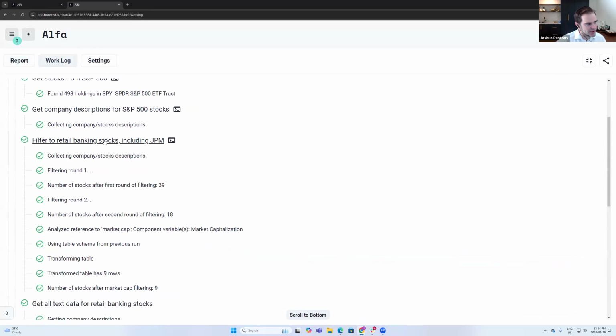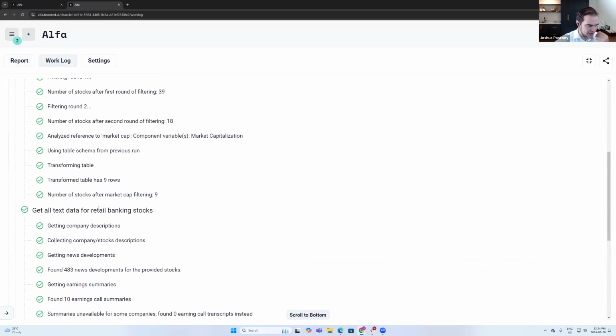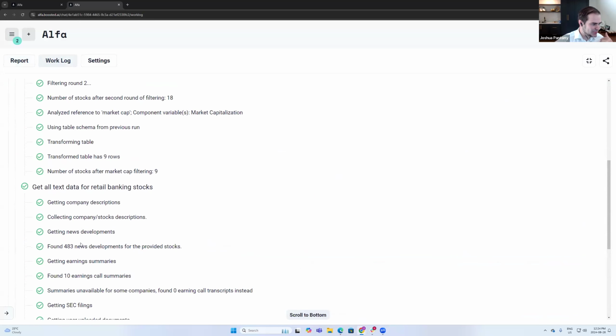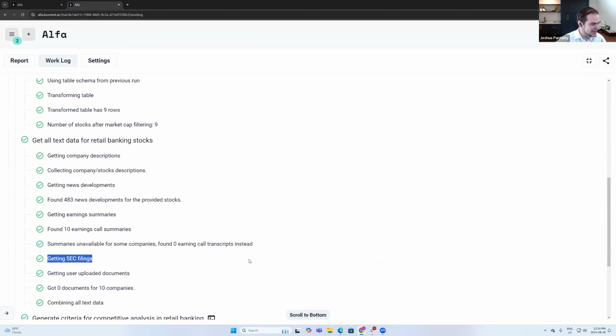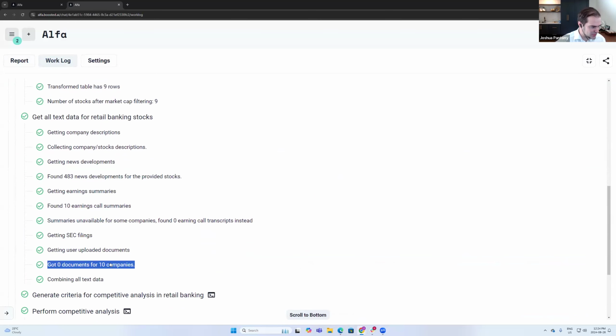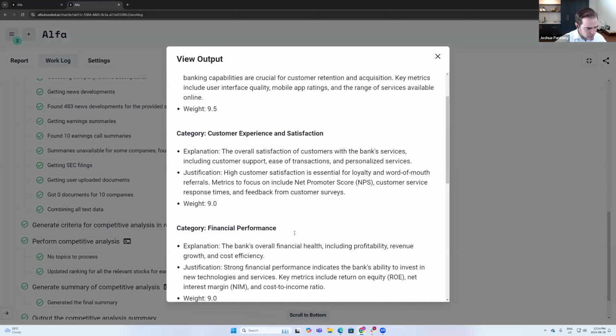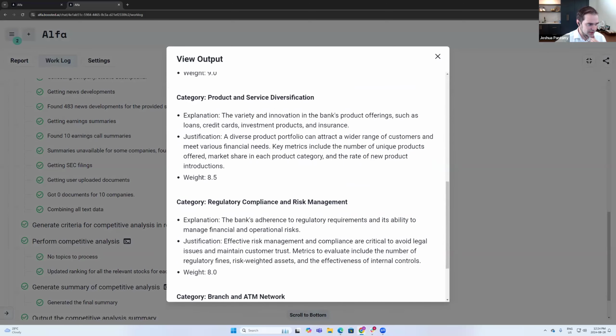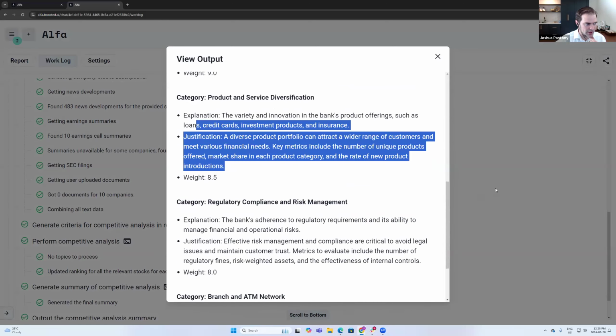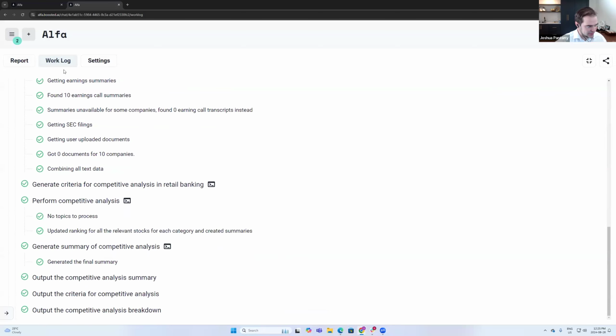It's looking at other retail banking stocks. It's getting every news article, earnings summary, corporate filing, et cetera, any sell-side reports that were uploaded for each of these stocks. Then it's generating criteria, showcasing that criteria, explaining what the weighting for that criteria is, why, and then you're getting the final output.